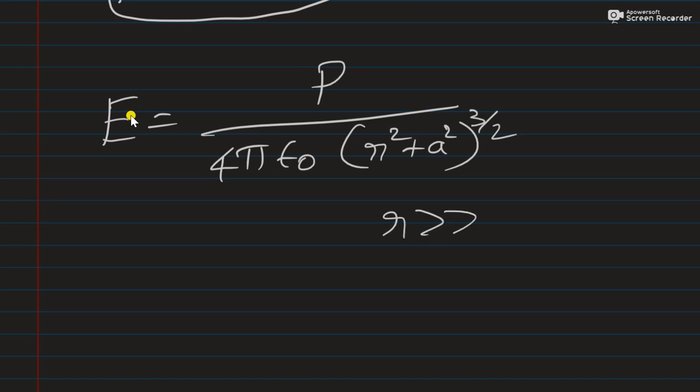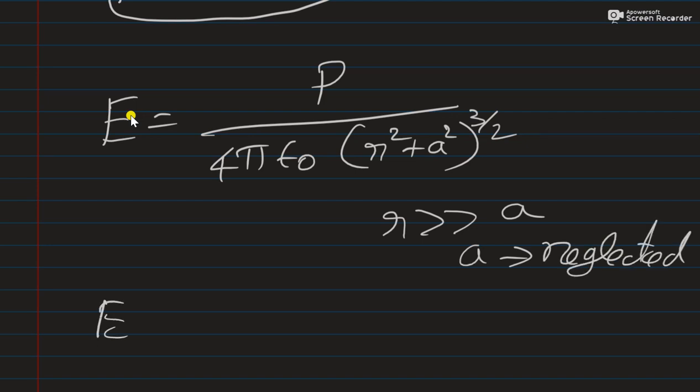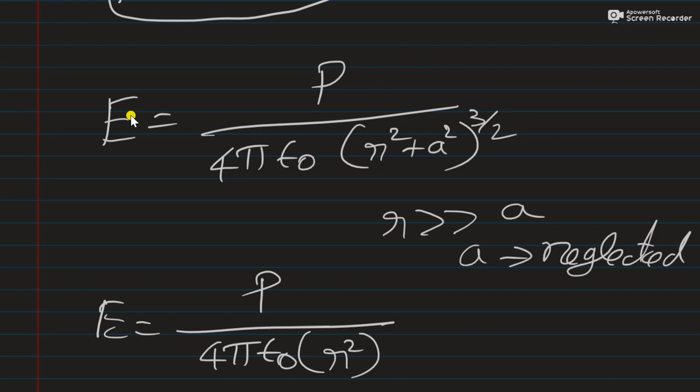R is very much greater than A. So, A is going to be neglected. When A is negligible, E is equal to P divided by 4 pi epsilon naught, R square to the power 3 by 2. The 2 gets cancelled, so I will get P divided by 4 pi epsilon naught R cube.